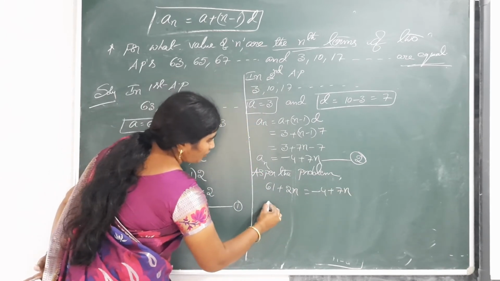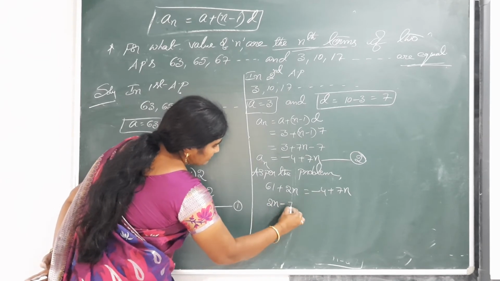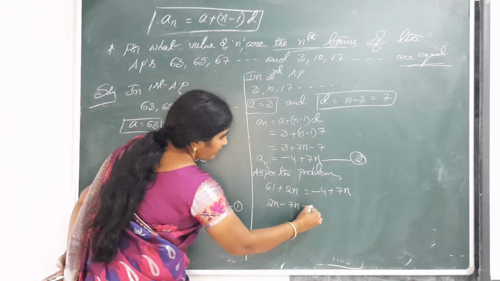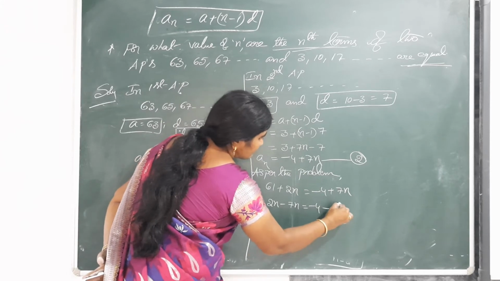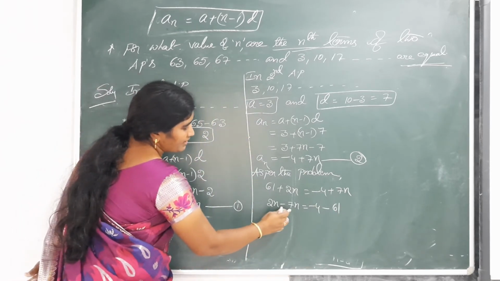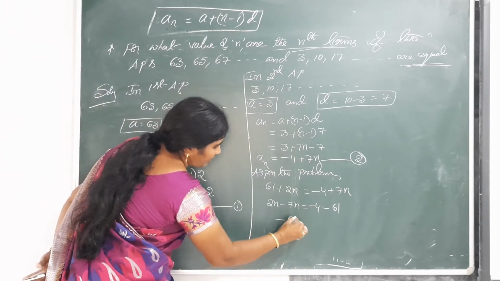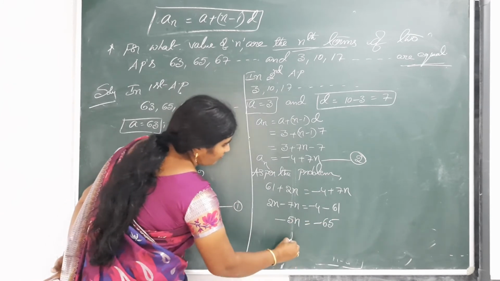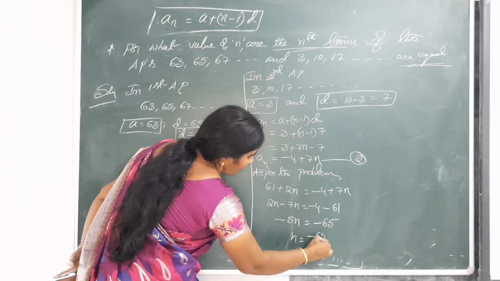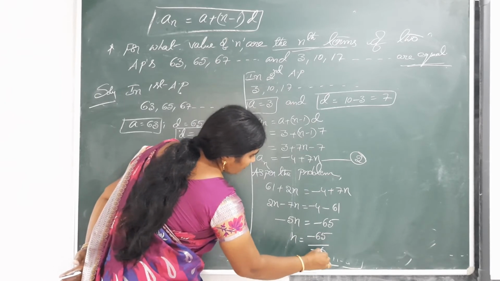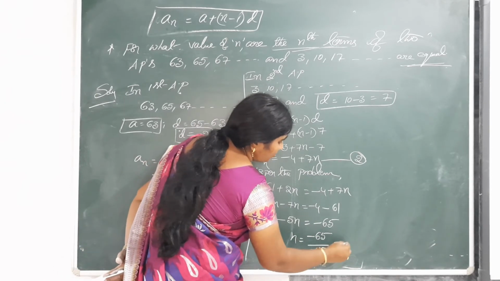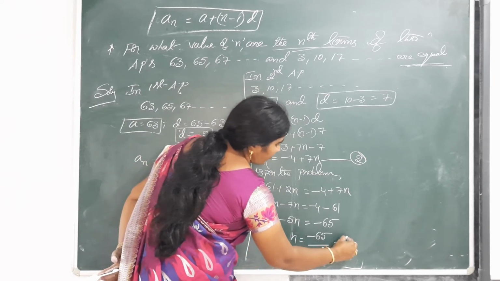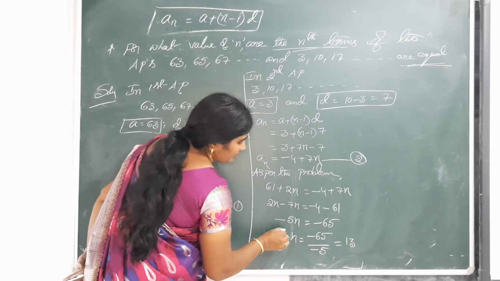Okay, 2n minus 7n equal to minus 4 minus 61. 2n minus 7n is minus 5n, that equals minus 65. Then n equals minus 65 by minus 5, the minuses cancel, 65 by 5 value is 13.